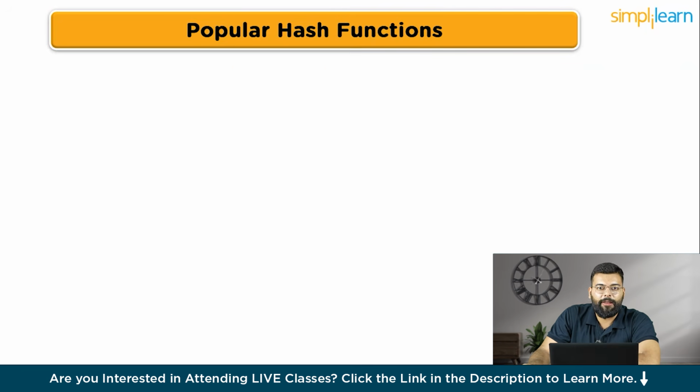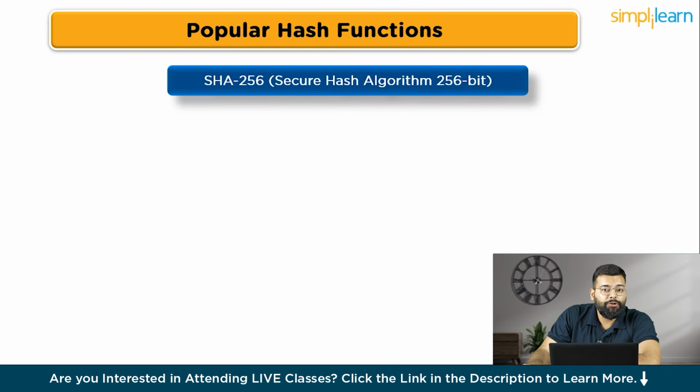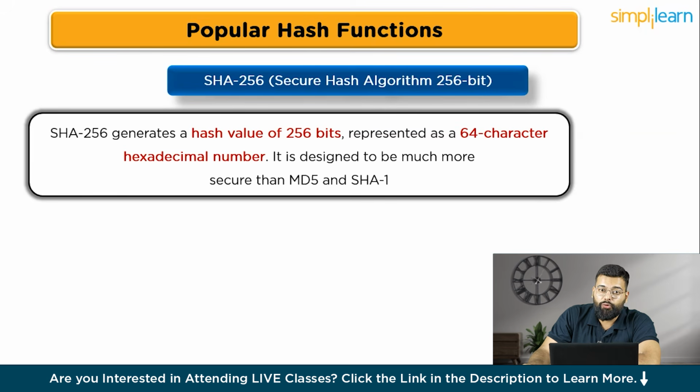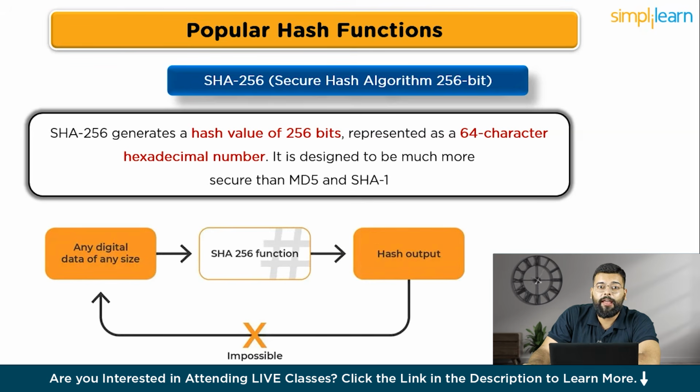Now we'll see SHA-256, that is Secure Hash Algorithm 256-bit. It is a part of the SHA-2 family and it is widely used today due to its strong security features. SHA-256 generates a hash value of 256 bits represented as a 64-character hexadecimal number. It is designed to be much more secure than MD5 and SHA-1.